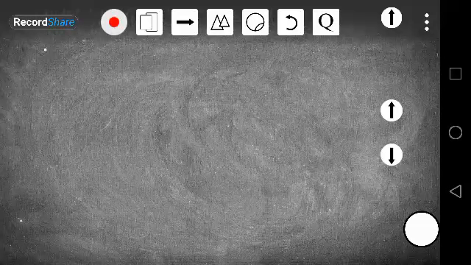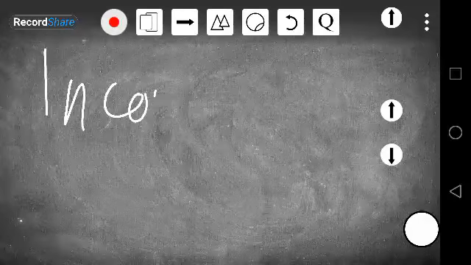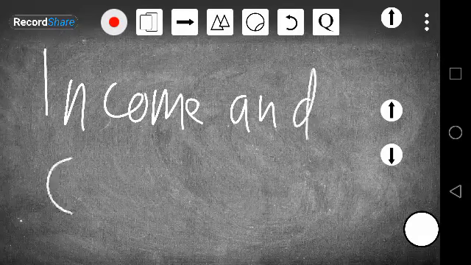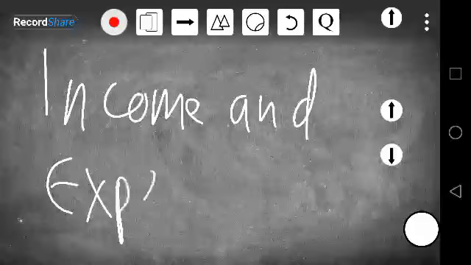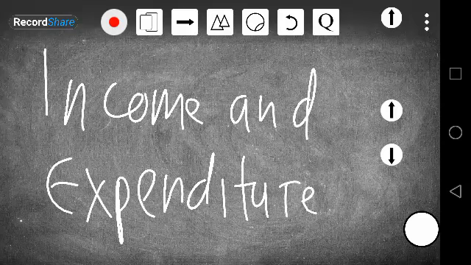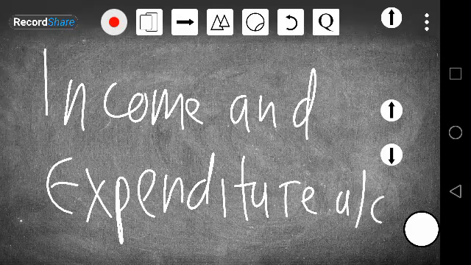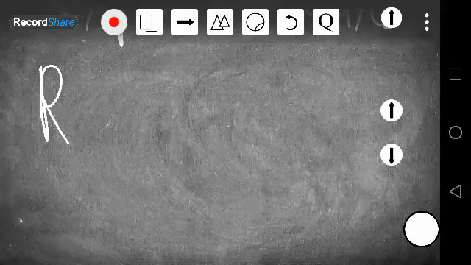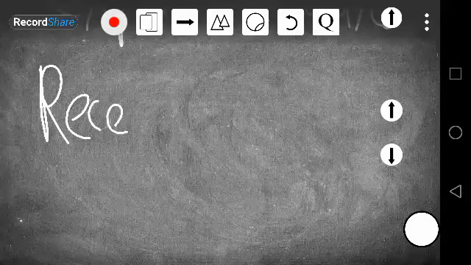We now prepare an income and expenditure account. Okay? Now, I will start with the receipt and payment first, and I will end with the income and expenditure account.